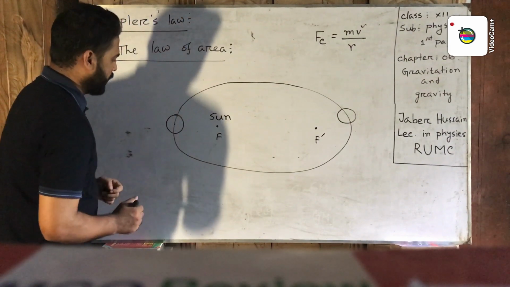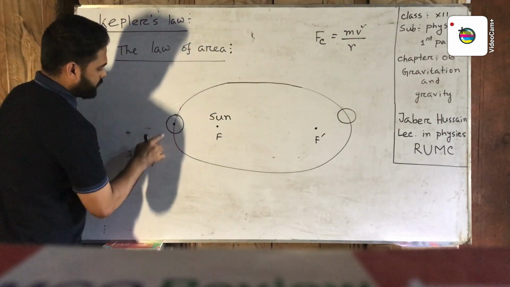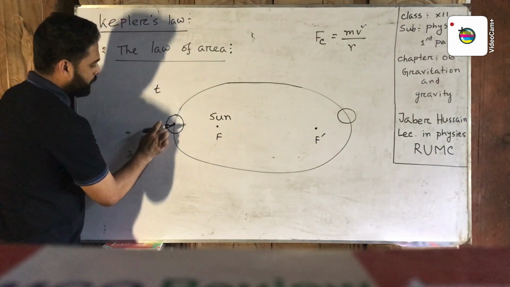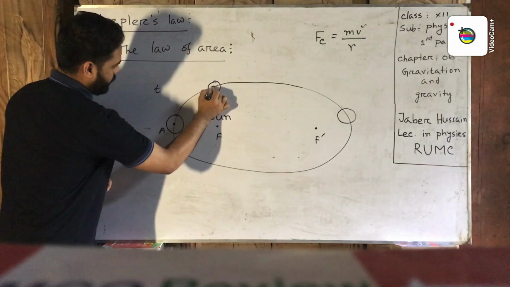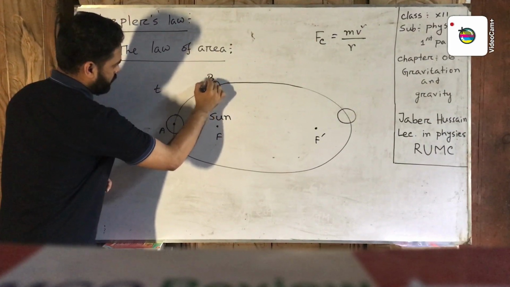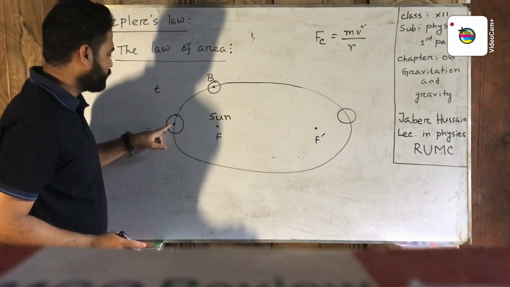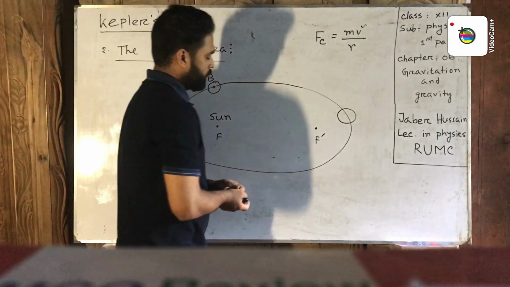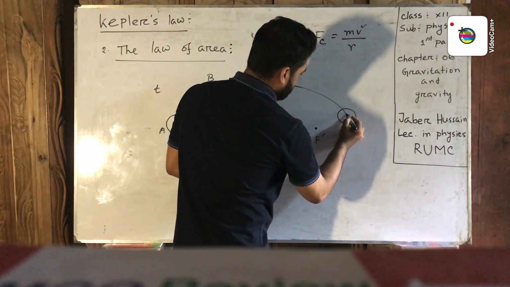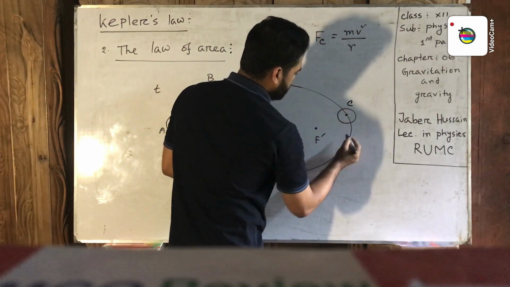In t time, the planet moves from A to B. In the same time, in this region, the planet moves from C to D.